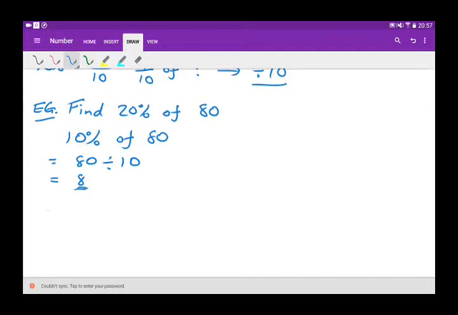Now what we have to realise, and probably you already realised this, is that 20% is basically two lots of 10%. So 10% plus 10%, you can think of it like that, or 2 times 10%. So once you realise this, we can use our answer for 10% to easily work out 20%.